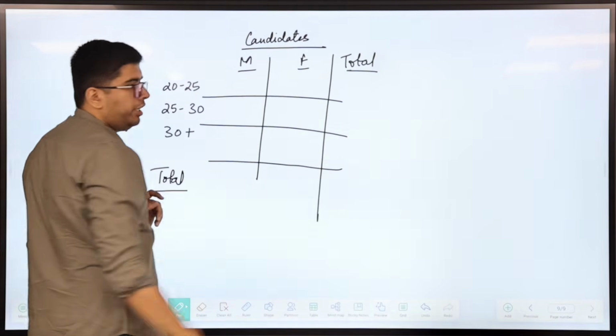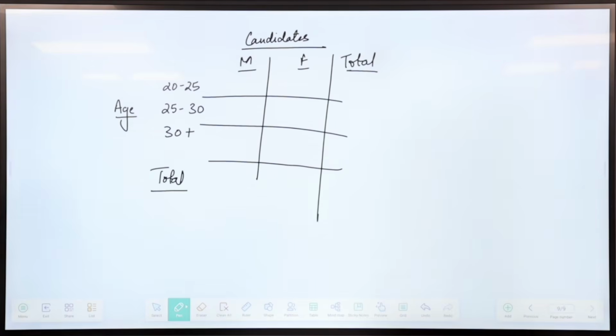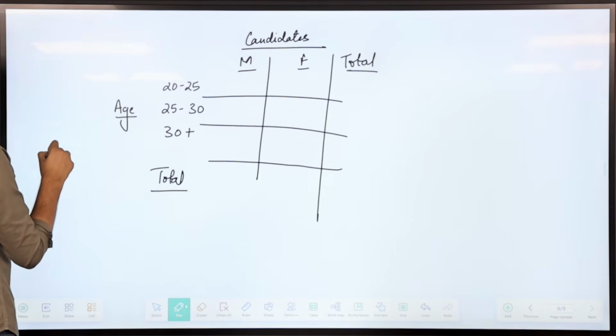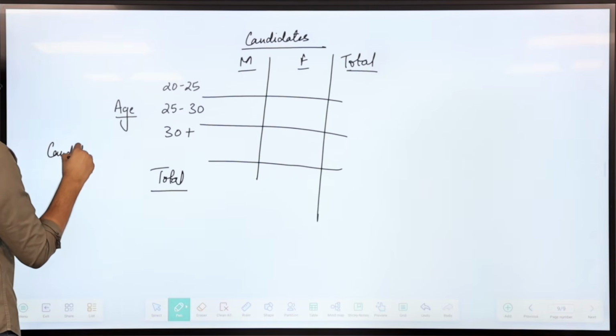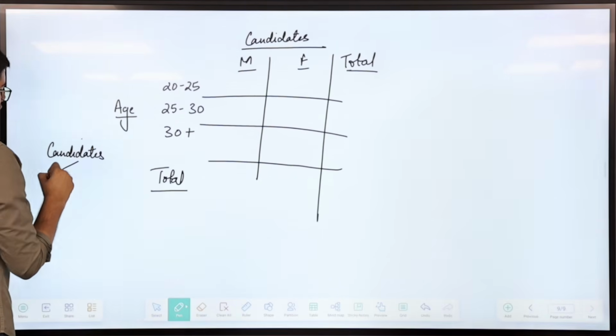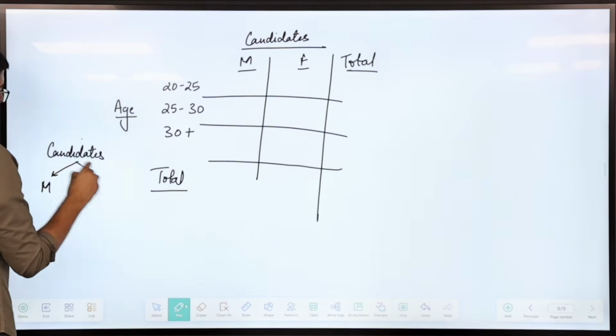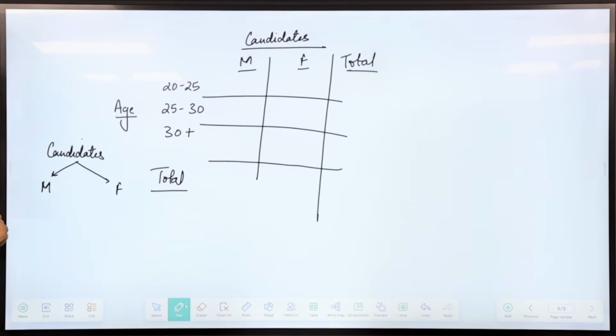When you view it as a table, it looks like a new concept. But out of all the candidates, you can have candidates who are male, female. Male can be in the age group 20 to 25, 25 to 30, 30 plus.